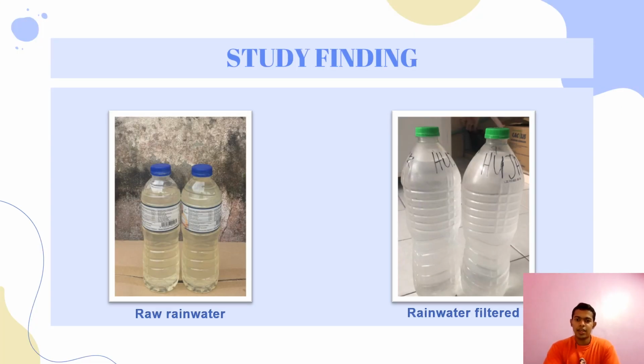So guys, as for the study finding, these are the water samples that have been produced by our filter. First is the raw rainwater, which is before filtering. The second one is rainwater which is filtered. As you can see with our naked eyes, the significant change was the color. In the first, it was a bit cloudy, and in the second photo, it is really clear. But we can't just prove it by using that parameter.